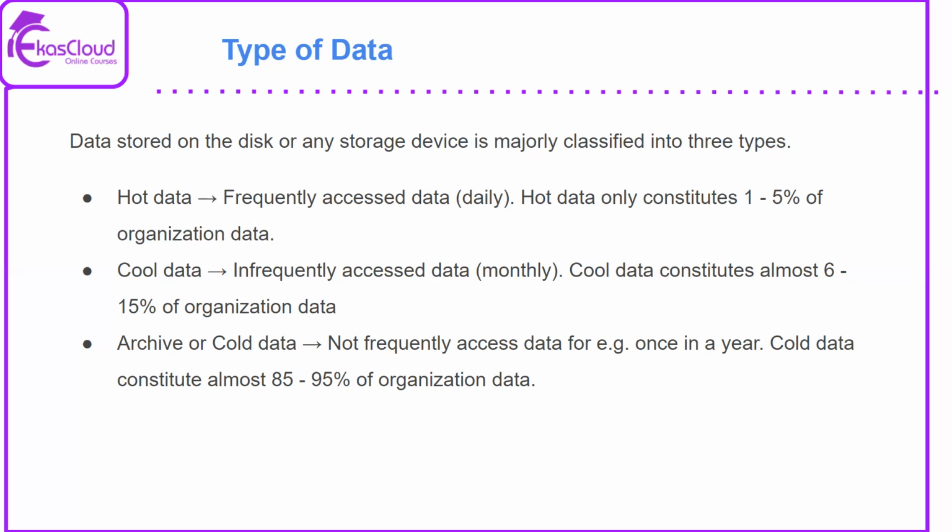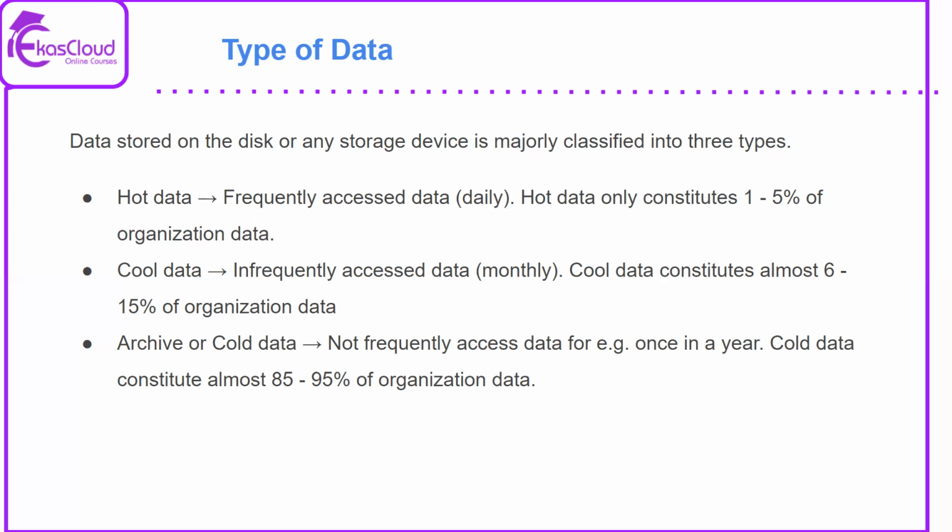There are loads of other examples. Another example could be report data. Once the year-end report is finished, you may not be accessing that report frequently. Maybe by the next year end, for comparison, we may access that report just to compare two years' data.